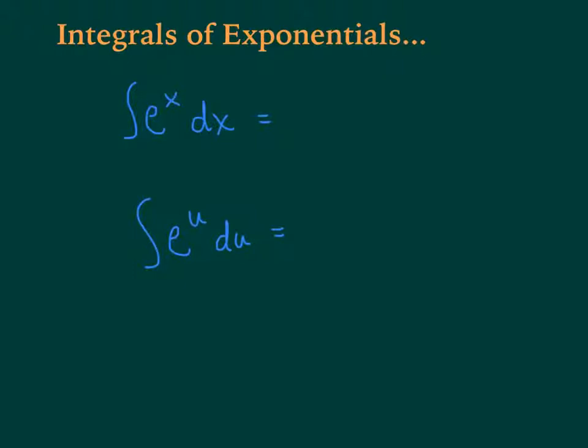And hopefully, based upon the review we just did, you'd realize that it is in fact e to the x. The derivative of e to the x is e to the x, and so the integral of e to the x is e to the x. So it's a nice, easy transition. Now, because we're doing the integral, and this is an indefinite integral, there are no bounds, we need to end it with a plus c.